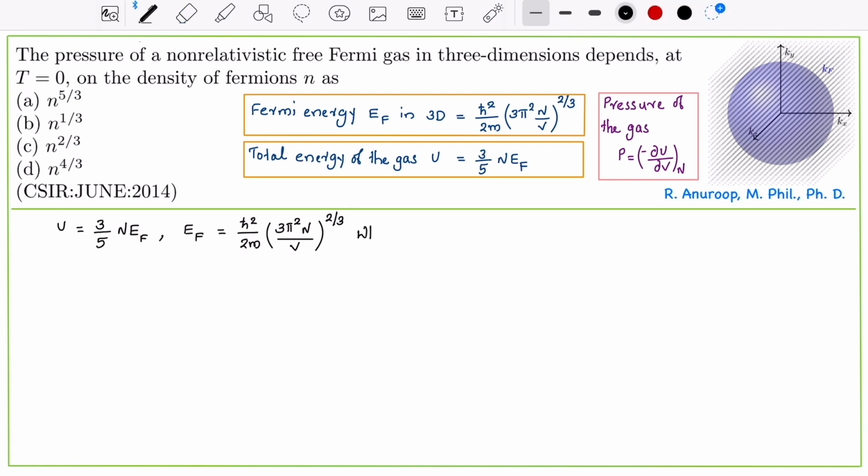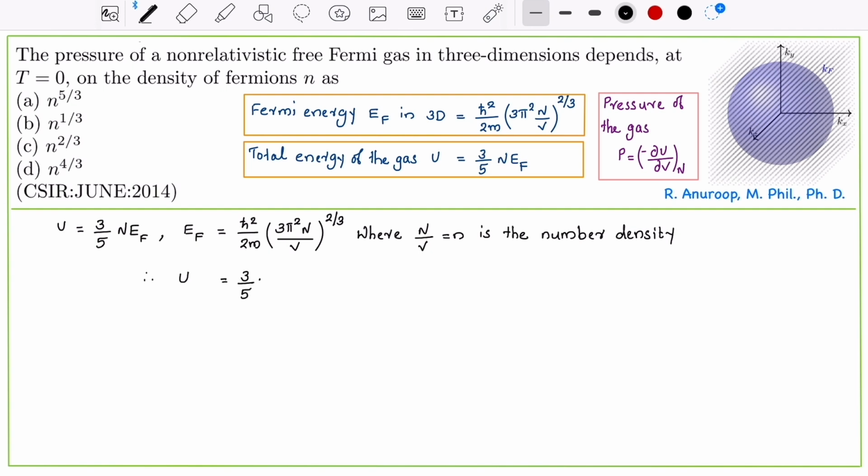Therefore, now in the above expression N by V is equal to small n, where small n is the number density or the density of fermion. It is the number of particles per unit volume.